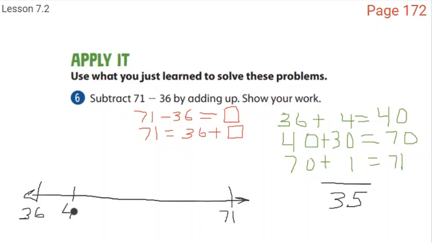I'll put 40 here. We're doing one jump. That's plus 4. We're going to do another jump, and it's going to be right here, 30, 40, 10 more, 50, 10 more, 60, 10 more is 70. So let's get over here to 70.